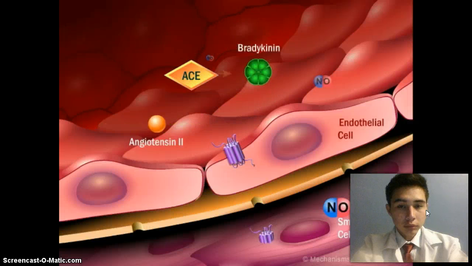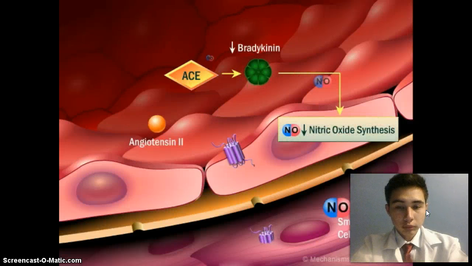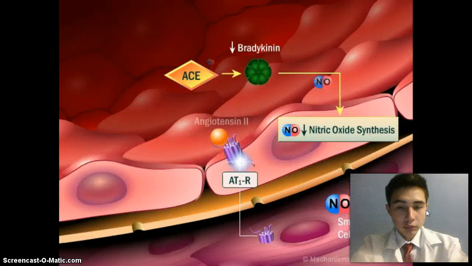Angiotensin converting enzyme also degrades bradykinin, which is required for synthesis of a major vasodilator, nitric oxide. Angiotensin 2 binds AT1 receptors expressed on the surface of vascular endothelium and impairs nitric oxide synthesis as well.